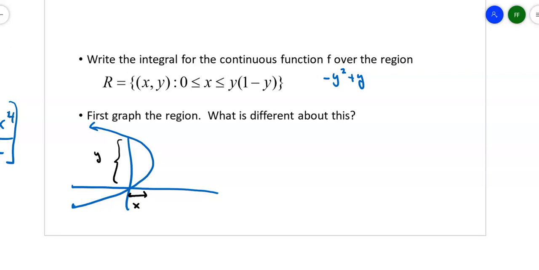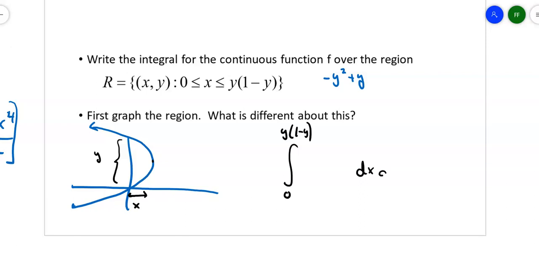If I take slices this way with respect to y first, I'm going to end up going from the function to itself. So which way do the x's go? The x's go from 0 to wherever this is over here. This thing here is y times 1 minus y. So my x's go from 0 to y times 1 minus y.